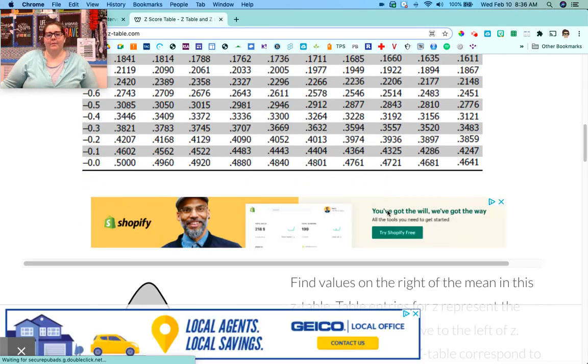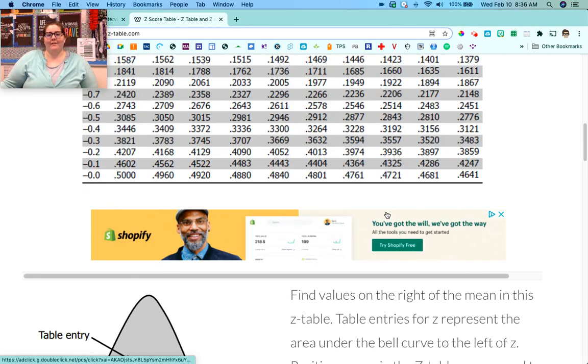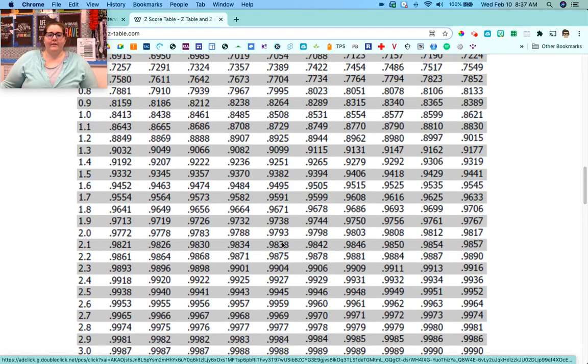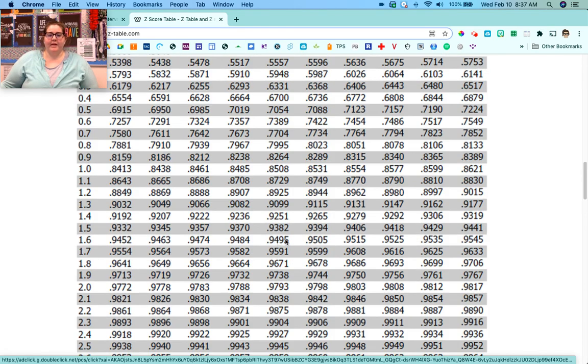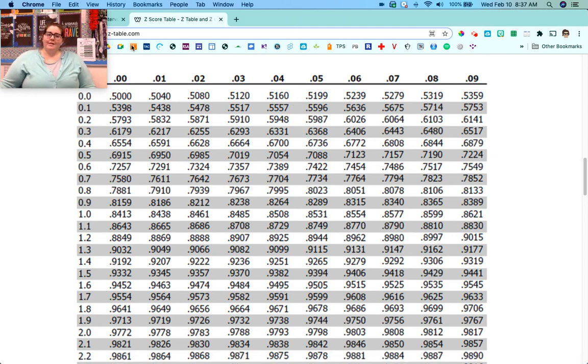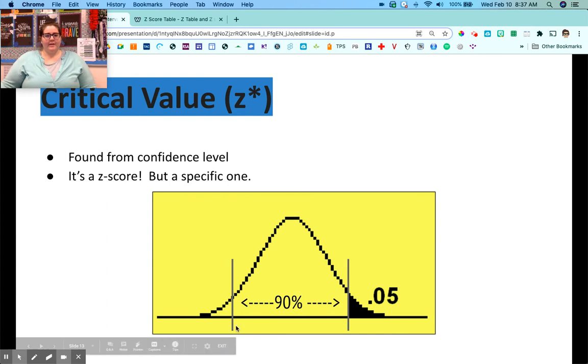If I look up 0.95 on my z-table, or as close as I can get to it, again there are two that are similarly close: 0.9495 and 0.9505. That z-score is 1.64 or 1.65, so it's positive. It's the same z-score on either side, and we are adding and subtracting it. So the z-star we would use for 90% confidence is 1.64 or 1.65.